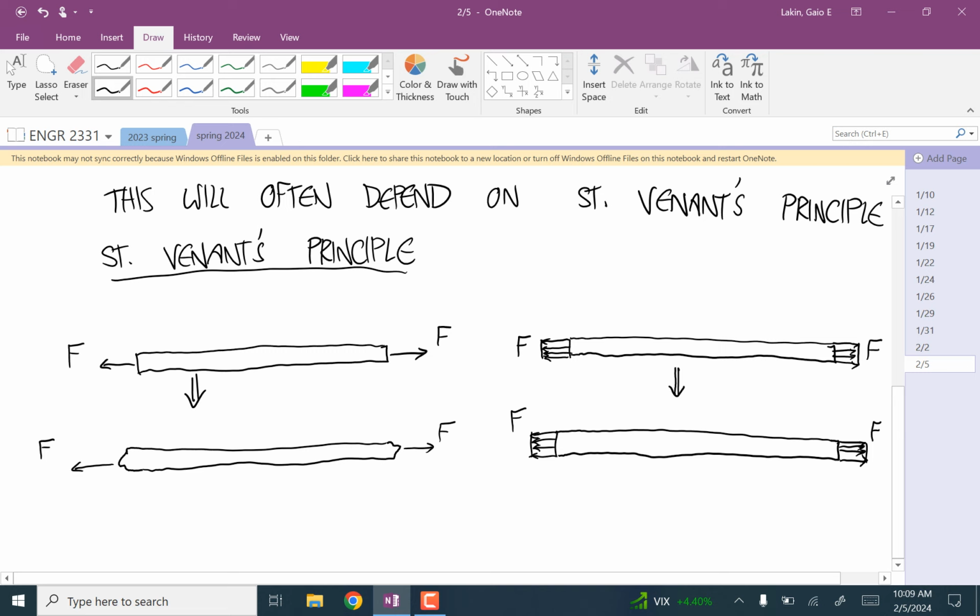But the key thing is, Saint Venant's principle says, as long as you don't get too close to those stress concentrations, those point forces, so just get rid of this and this, and this and this, and don't think about them over here.